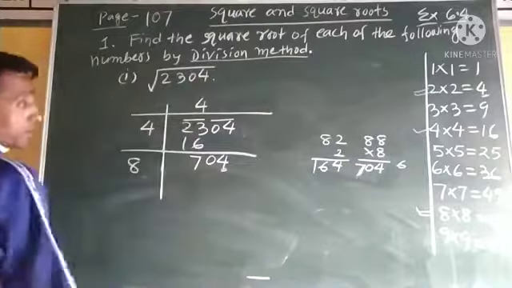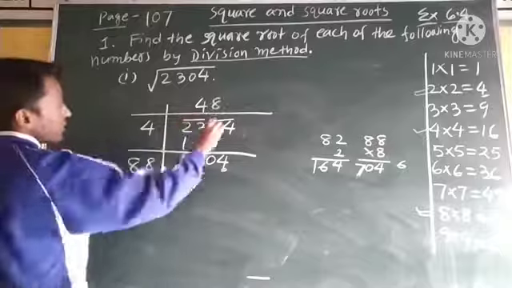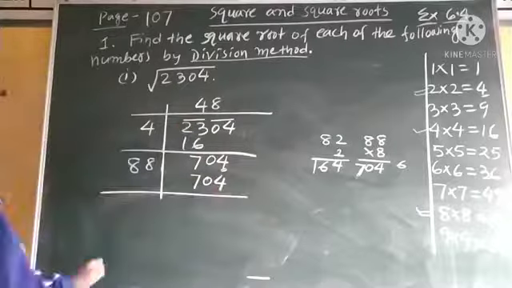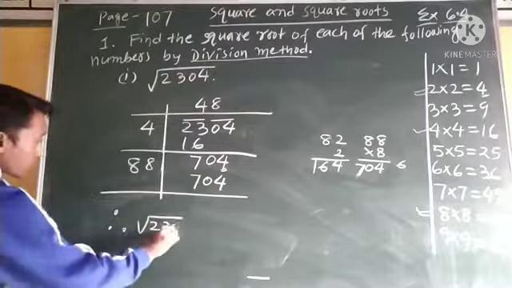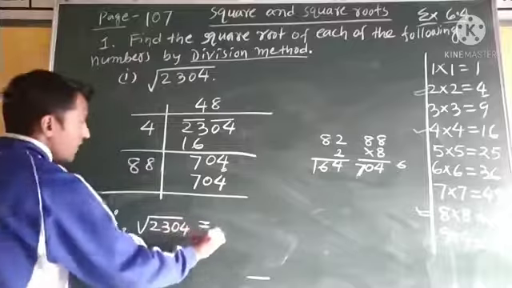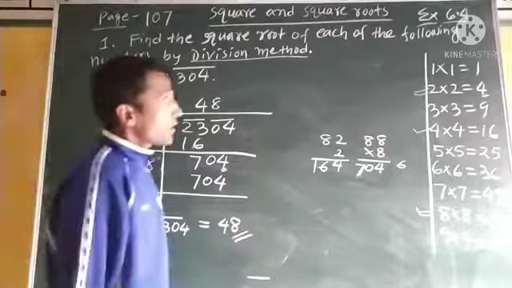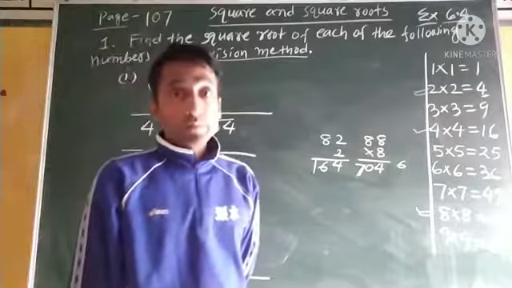So we get 704 by using 8. 88 times 8 is 704. Therefore, the square root of 2304 is 48.